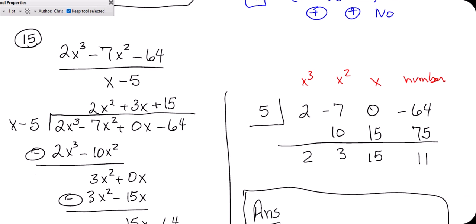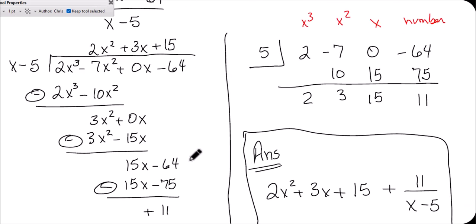All right, so 0 minus a minus 15 is a plus 15x, and then the minus 64 comes down. 15 times x is 15x. 15 times a minus 5 is a minus 75.